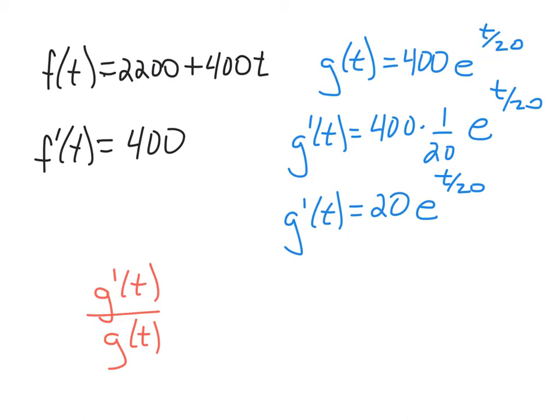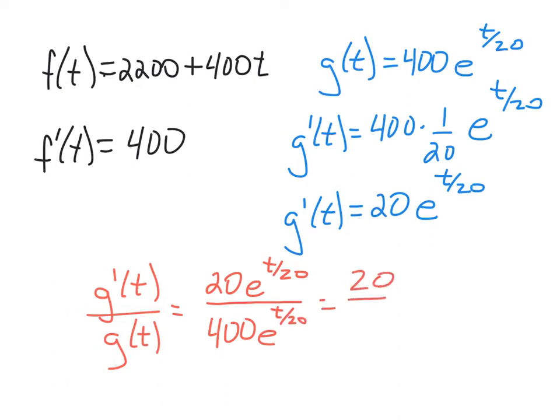So when we plug that in, you see that the e to the t over 20 cancels, and we're left with 20 over 400, which is 1 over 20.